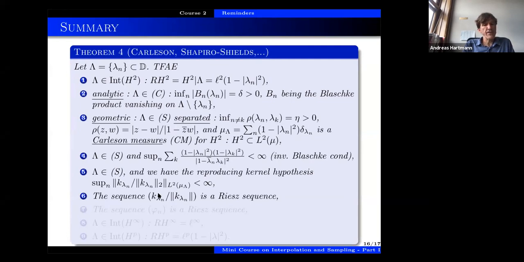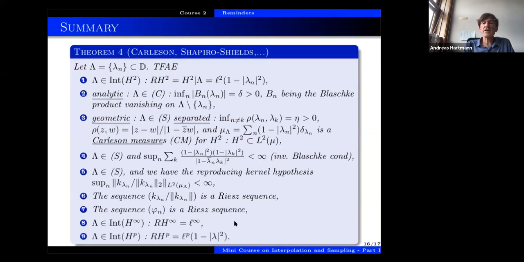It's equivalent to this sequence being a Riesz sequence, and of course then the biorthogonal sequence is a Riesz sequence. It's equivalent to this, and this I haven't shown. And you can show also that it works for arbitrary p, and the interpolation operator is quite closely related to that.